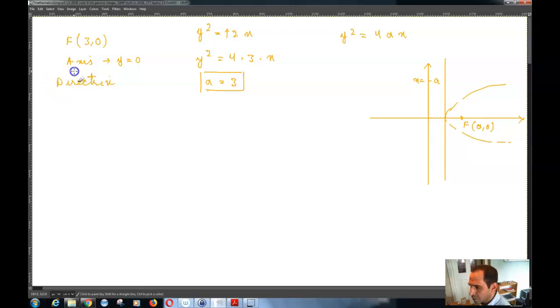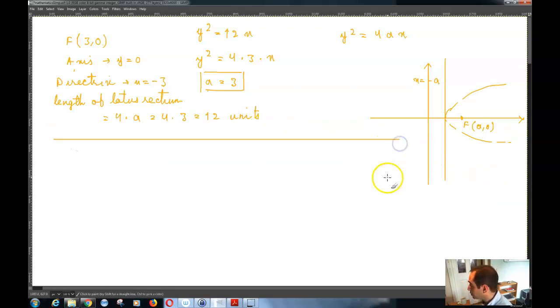Directrix is x is equal to negative 3, and the length of the latus rectum is 4 times a, which is equal to 4 times 3, which is equal to 12 units. So that is this first case over here.